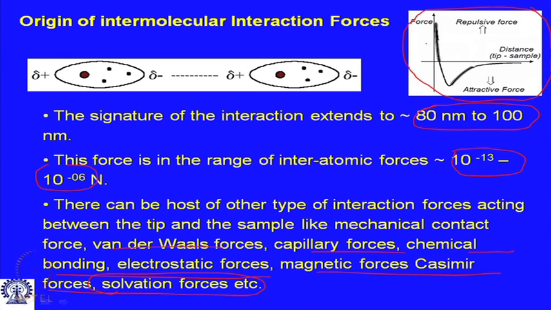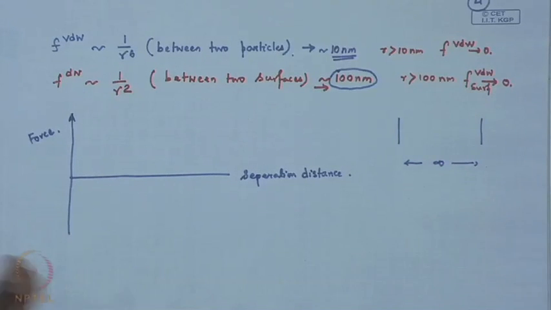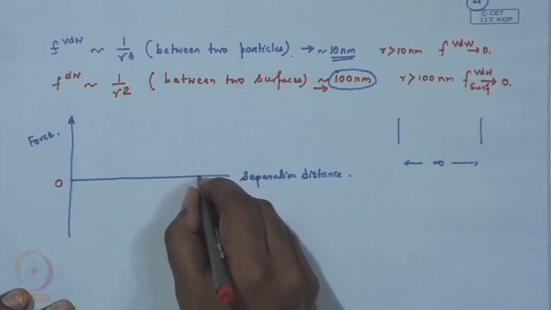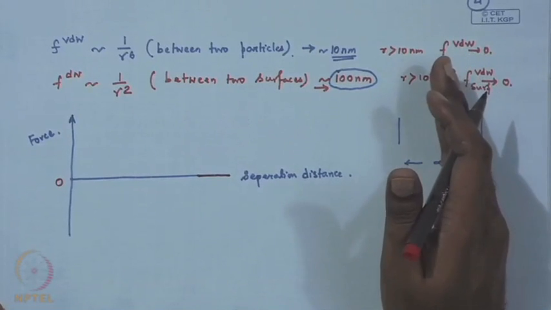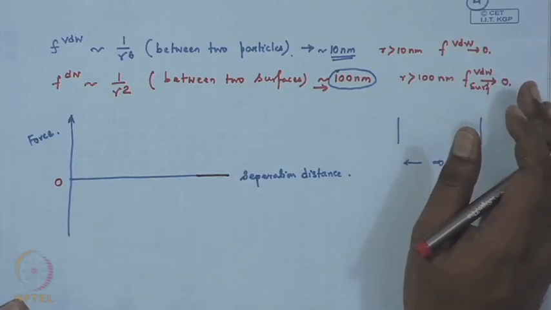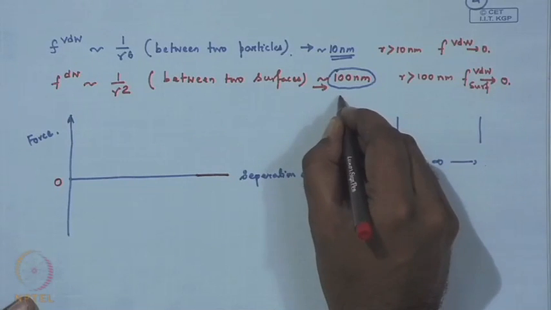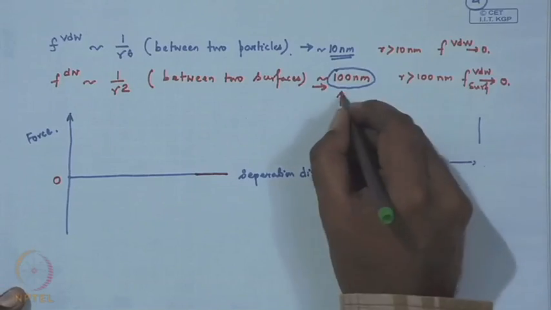So, let us say we have two surfaces which are at infinite separation distance. Then there is no interaction between them. So, the force is 0. Now, think of the fact that you are progressively bringing one of the surfaces in close proximity to the other. If we are talking about the van der Waals potential, or the force arising because of van der Waals interaction, we already understand that this stretches maximum up to 100 nanometers.